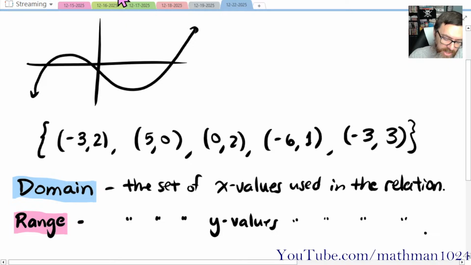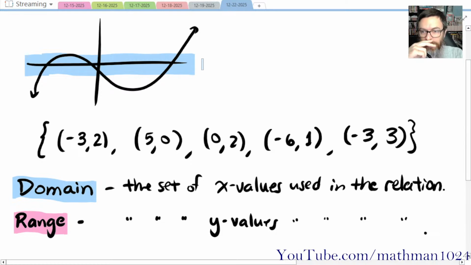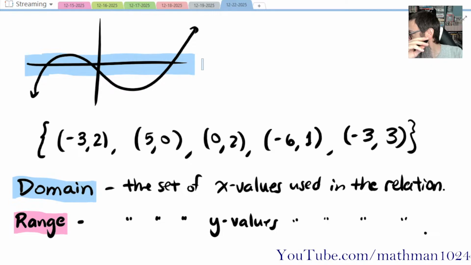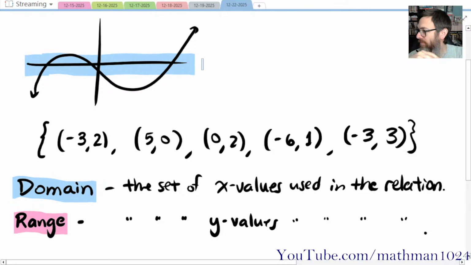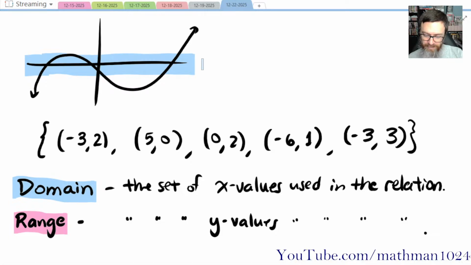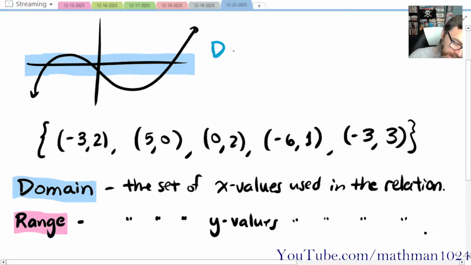So if you look at this graph, the little wavy guy, you see that in terms of the x values, he's going all the way to the left and all the way to the right. And so for this one, we would say that the domain is all real numbers.